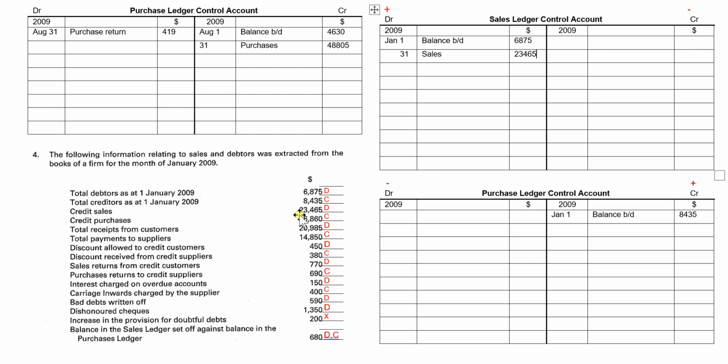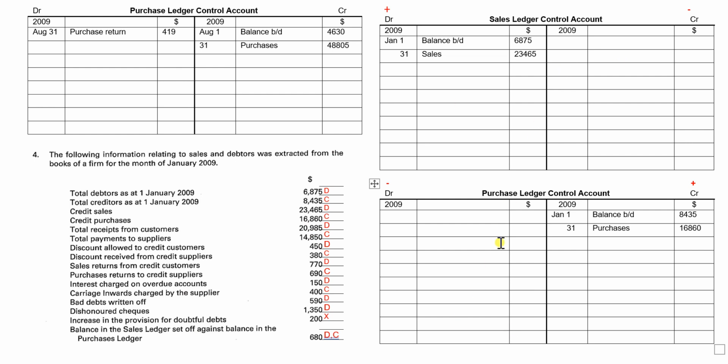Okay, purchase 31st, because debit purchase, so credit over here 31st of purchases 1680, okay, like that.